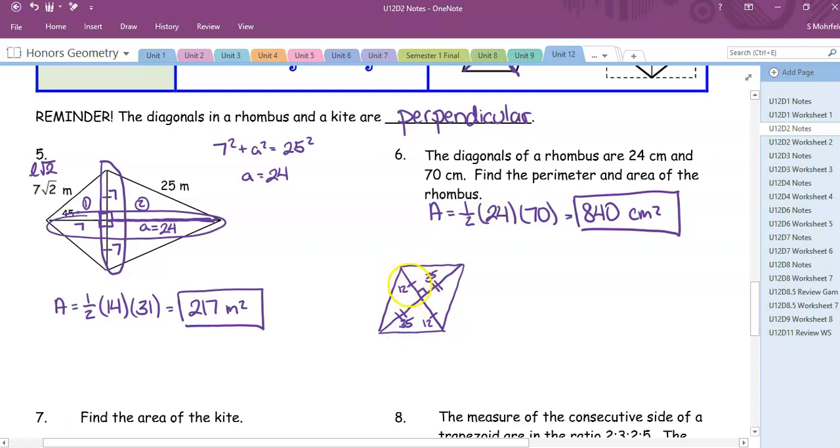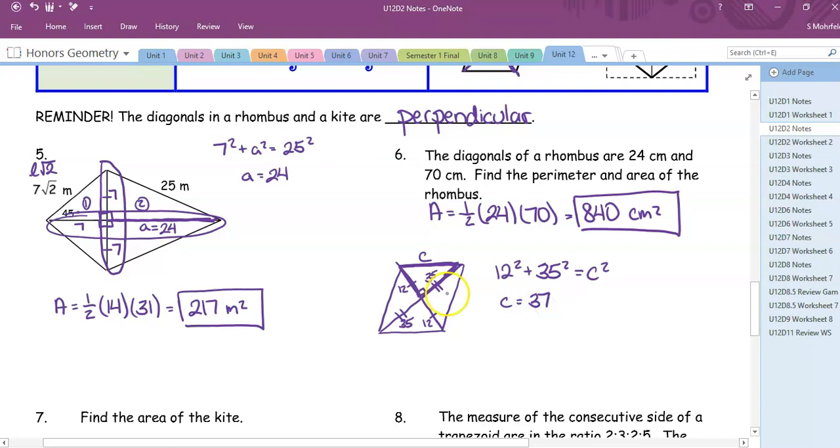So because of that, if you look right here, I have a right triangle with two of my sides, and I just need to find the third side so I can find the side of the rhombus. So I'm going to do Pythagorean theorem again. 12 squared plus 35 squared equals c squared. Go through and solve it, or remember your triples that c equals 37.